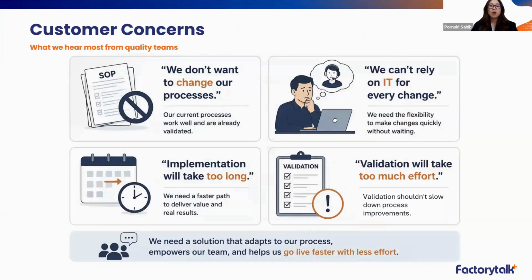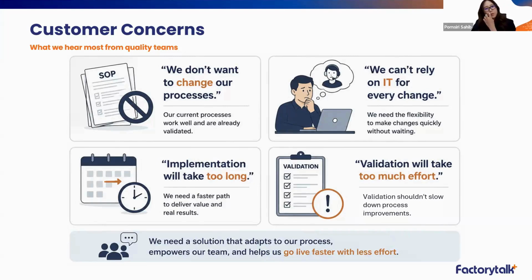When we talk with quality teams across the pharmaceutical industry, these are the concerns we hear again and again. The first concern is we don't want to change our processes. Most organizations have spent years refining their quality processes to meet regulatory requirements and their own operational needs. The last thing they want is to redesign a process simply because the software cannot support the way they already work.